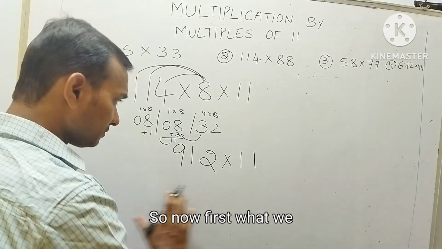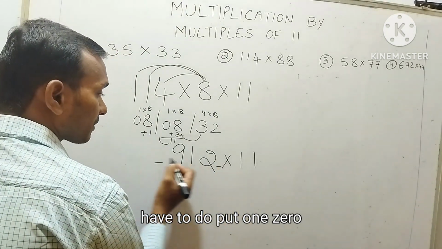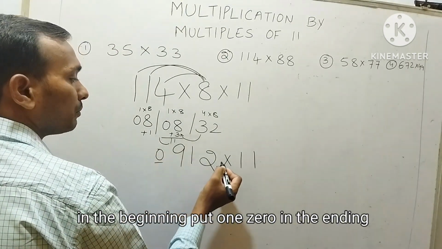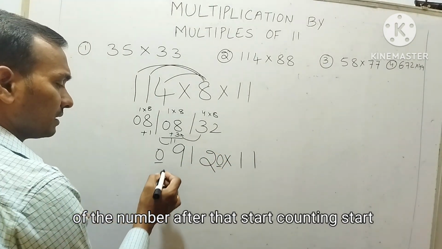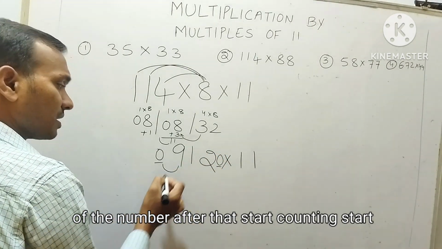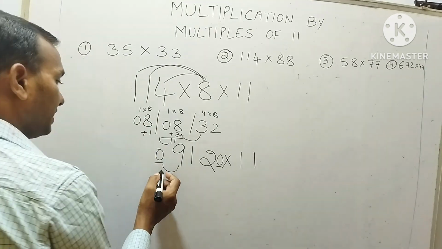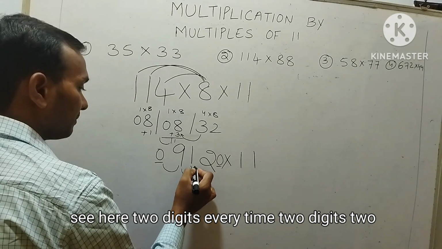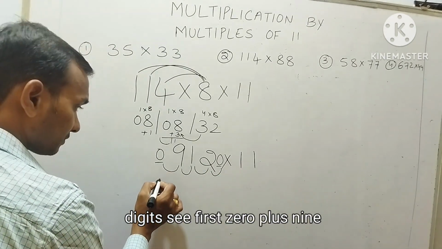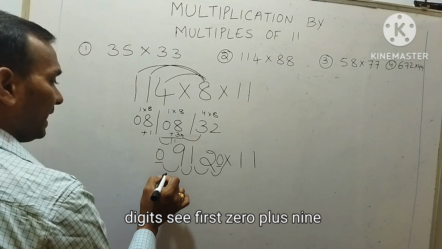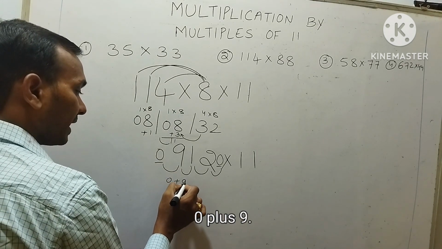So now, first, what we have to do? Put 0 in the beginning, put 0 in the ending of the number. After that, start counting two digits every time. See first 0 plus 9.